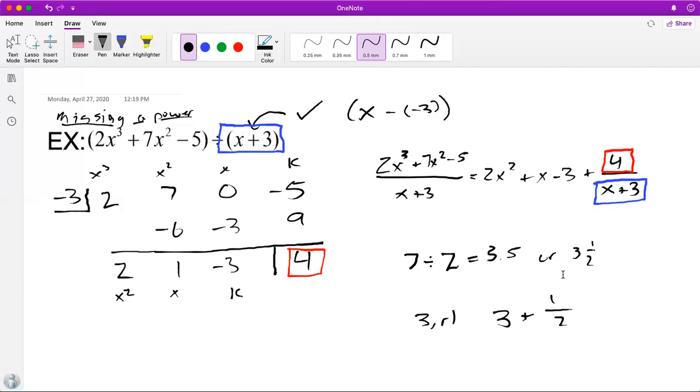That's 3.5. That's what I'm doing here. I rewrite whatever the remainder is over the thing I divided by. But anyways, whether or not you understand what I just did, know that this is how you write the remainders.